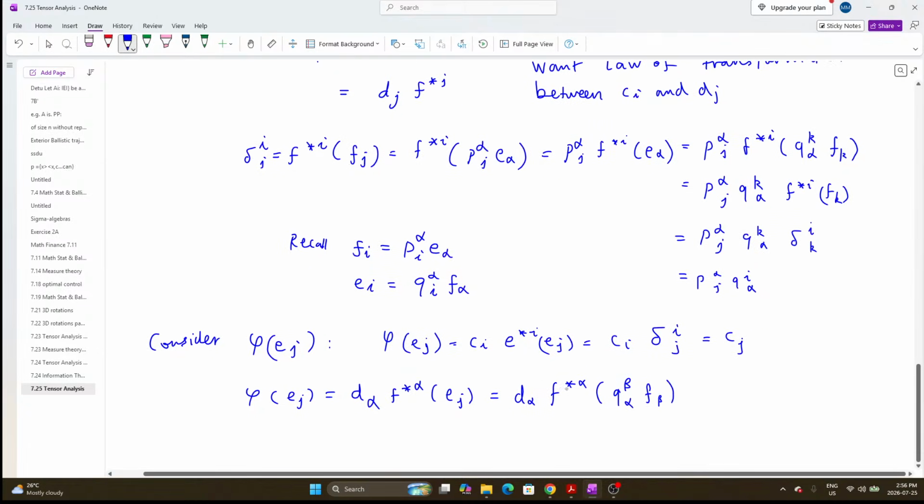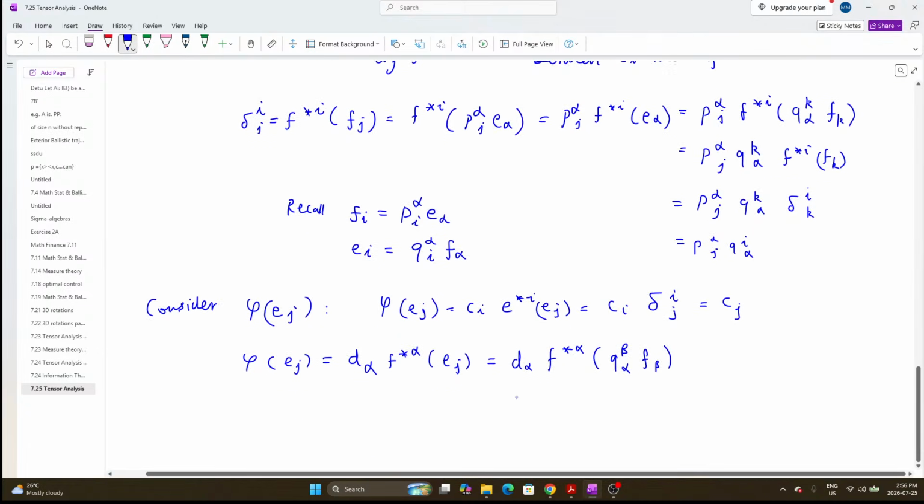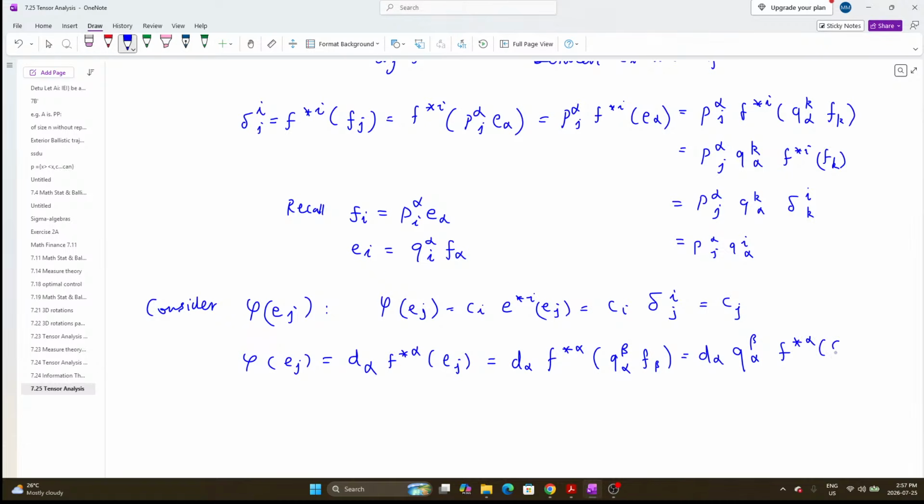By linearity, this is d alpha, q beta alpha is taken out, and then you have f star alpha of f beta.